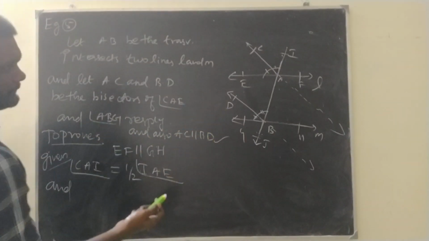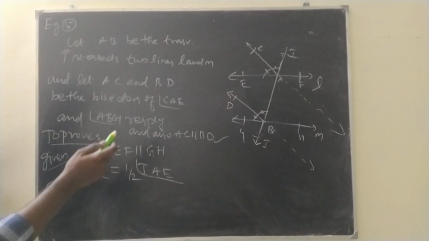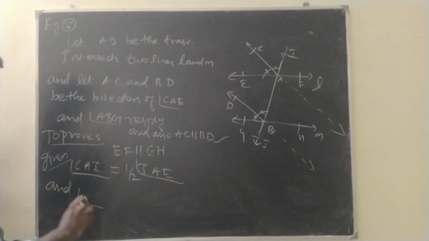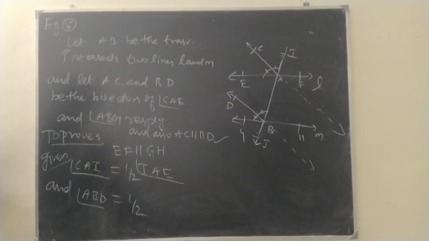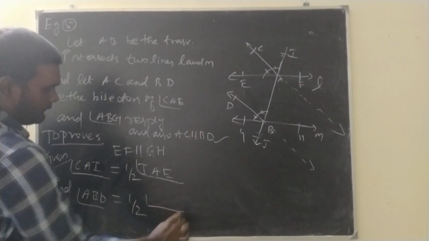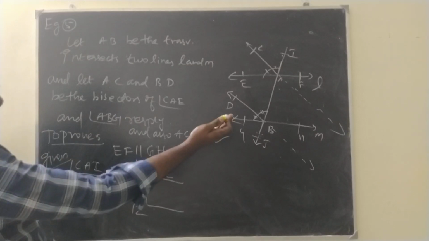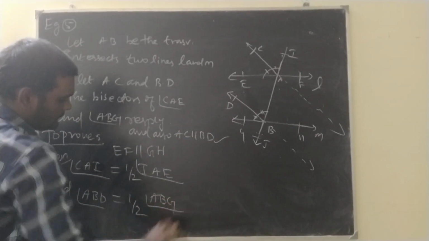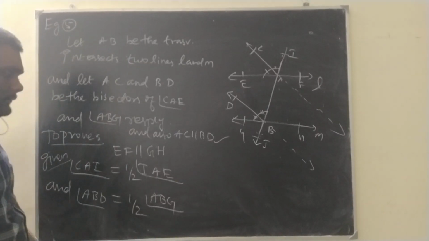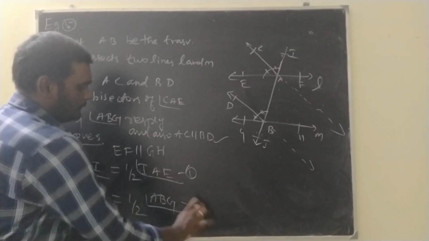And then here, the angle ABD equals half of ABG. That is given. This is 1 and this is 2.